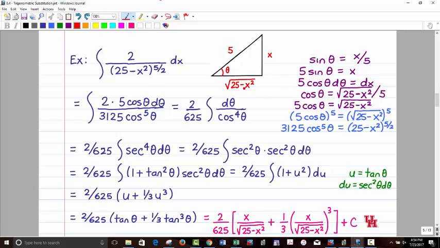Now it's a minus, so I could have chosen either of these two short sides, opposite or adjacent. I chose adjacent this time. But I could have flipped that with the x and I would have been correct. The hypotenuse is the one that has to be right for sure. There's only one thing the hypotenuse can ever be in every problem, but the opposite and the adjacent could switch. So choosing the adjacent, the square root of 25, 5, will be the hypotenuse. Square root of x squared, x, will be the opposite.